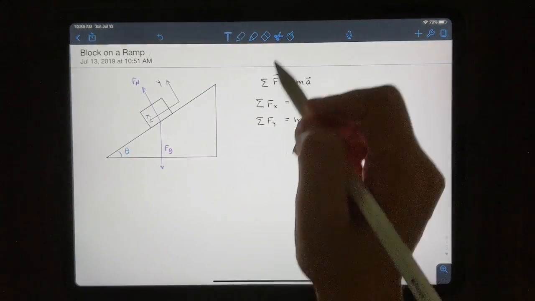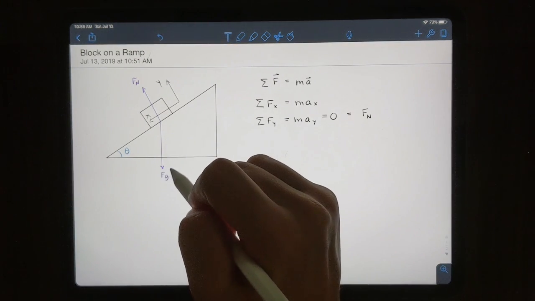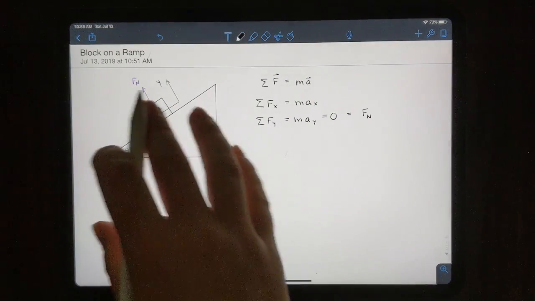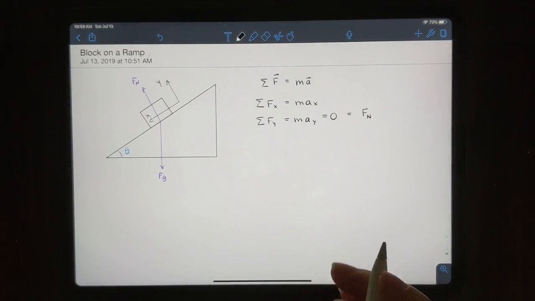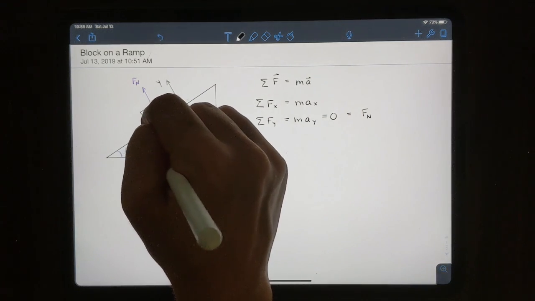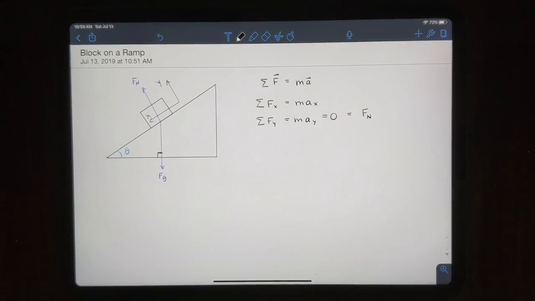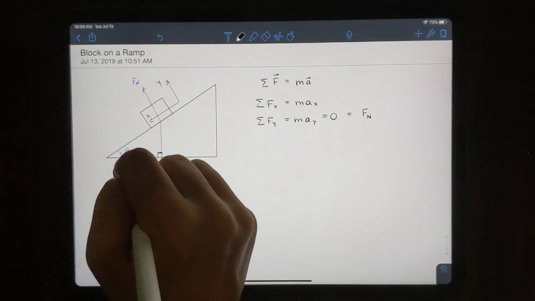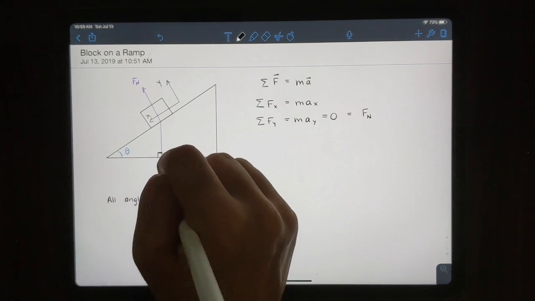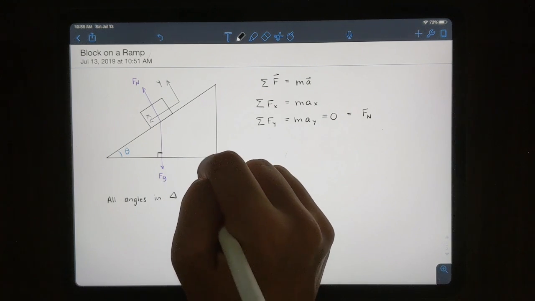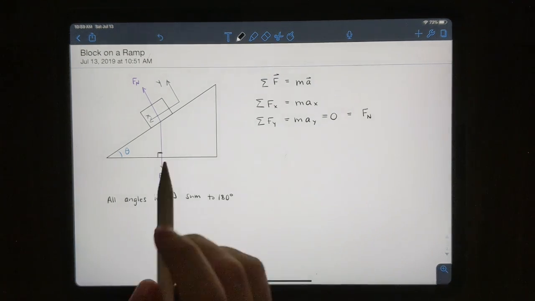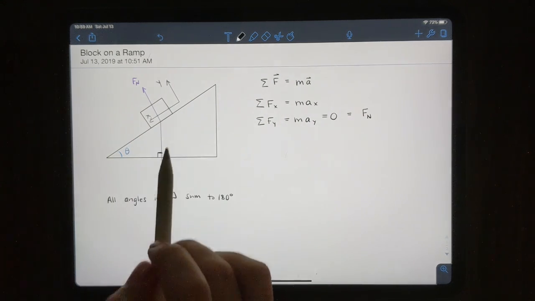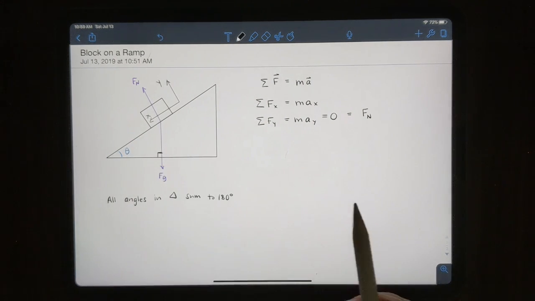Now we want to figure out how the gravitational force fits in. Well, let's take a look at some of the geometry that's going on in our problem. We've got a right angle there. And using the fact that all angles inside of a triangle should add up to 180 degrees, we've got 90 of it at the right angle, so the other two should add up to 90, because 90 plus 90 is 180.